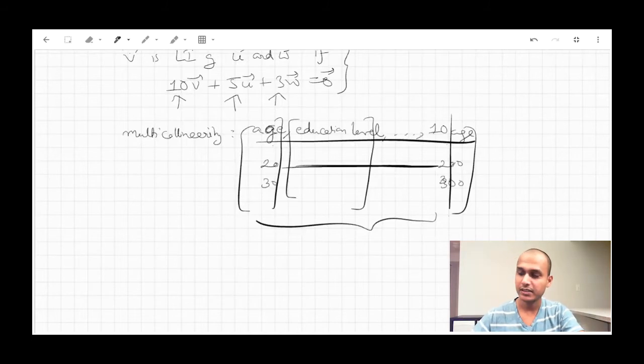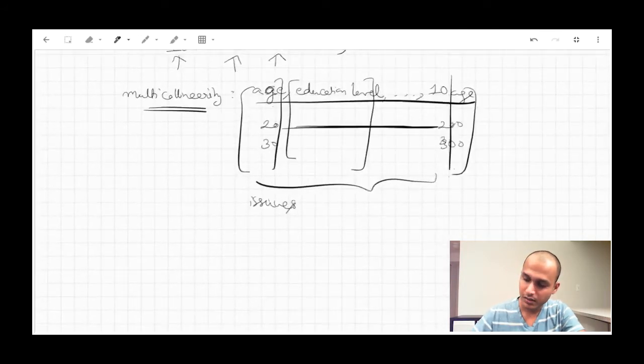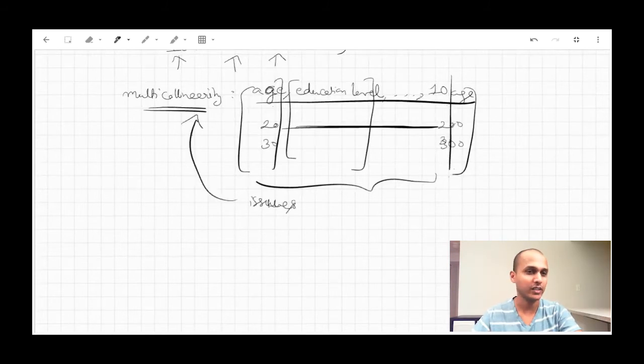So these types of features actually can cause issues. I will not go into the details of what issues it causes, and the technical term they use there is called multicollinearity.